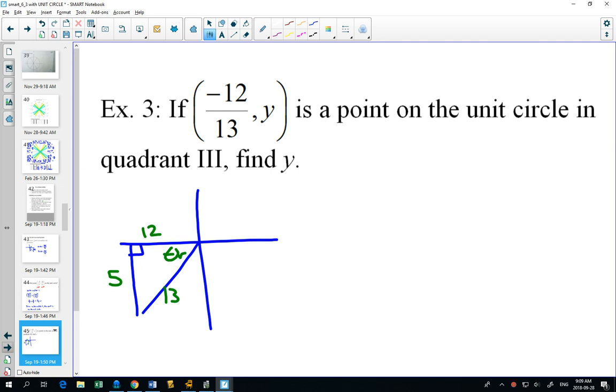Obviously, my triangle is not drawn to scale. 169 minus 144 is 25. And so we know that sine of theta is going to be negative 5 over 13. So our y-coordinate is equal to negative 5 over 13.